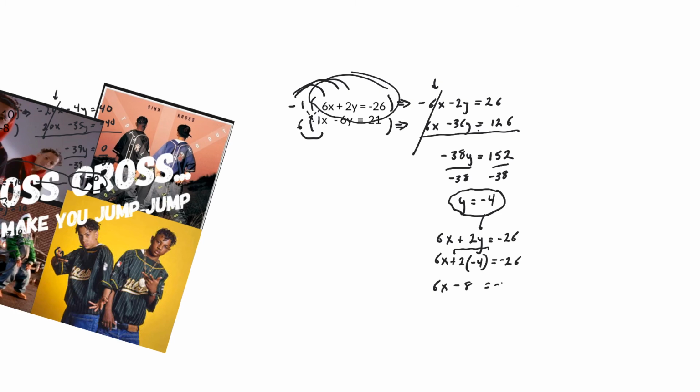And now I'm right into junk and divide. Looks like 6x equals negative 18. Divided by 6, divided by 6. X equals negative 3. Okay, so final answer, negative 3 is my x, negative 4 is my y.